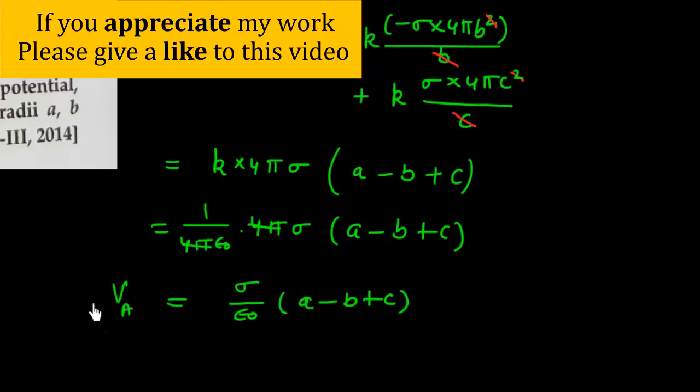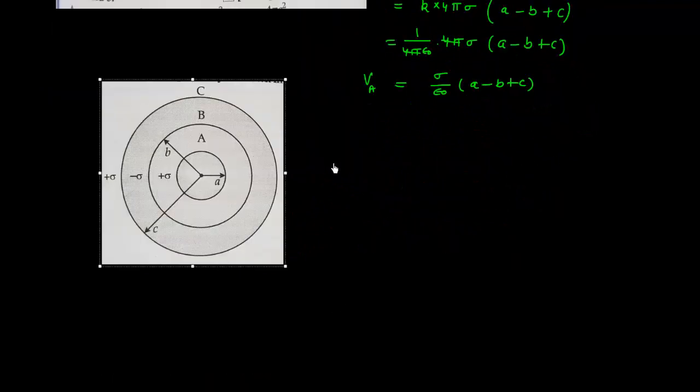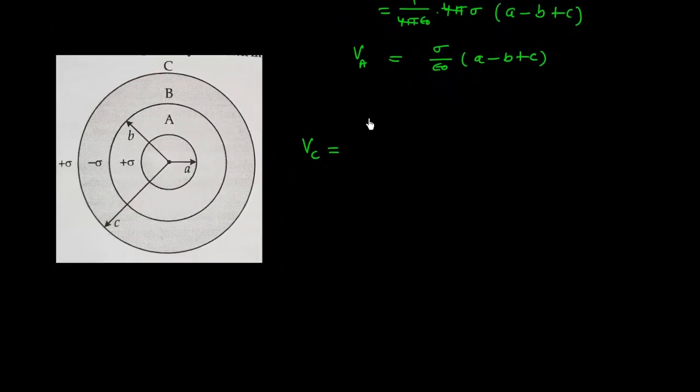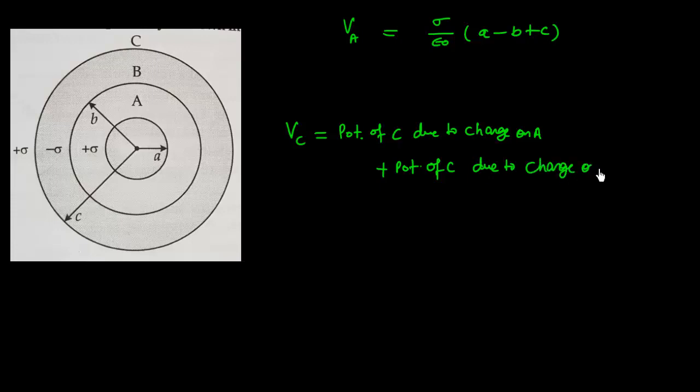Now we are going to find the potential of C. Potential of C equals potential of C due to charge on A, plus potential of C due to charge on B, plus potential of C due to charge on C itself.